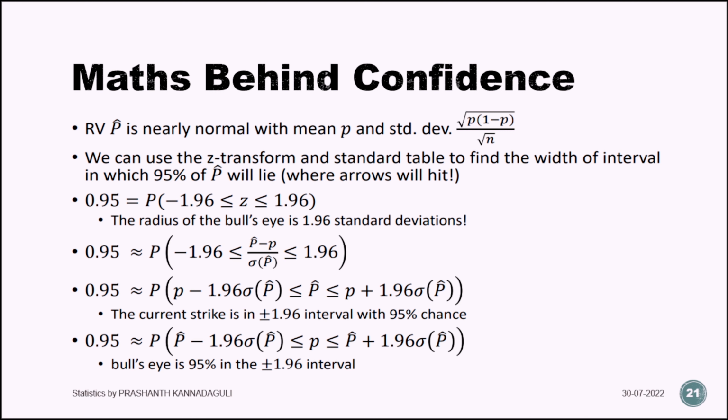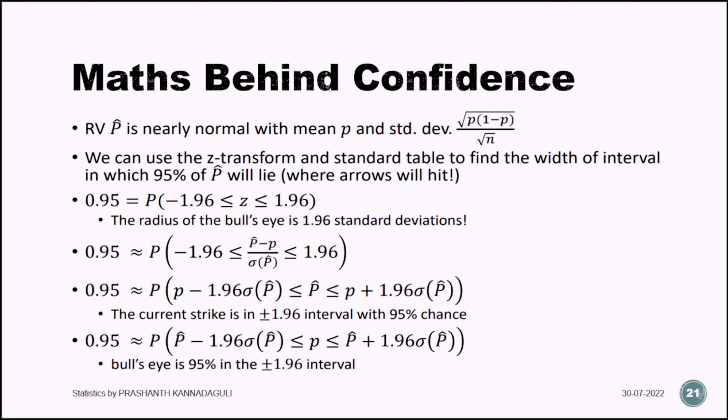Corresponding to the third equation, this equation can be mathematically written this way: the current strike, whichever point the arrow hits on that target board, is plus or minus 1.96 intervals with 95% chance. Just a mathematical sentence like that.